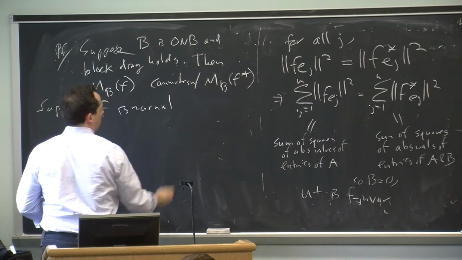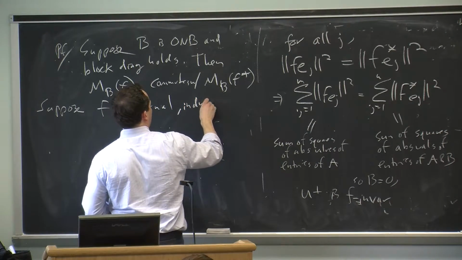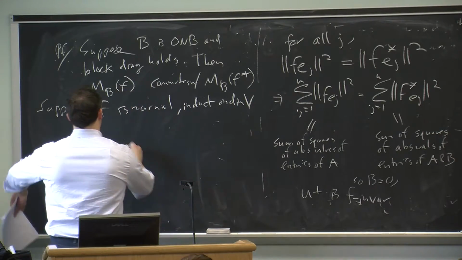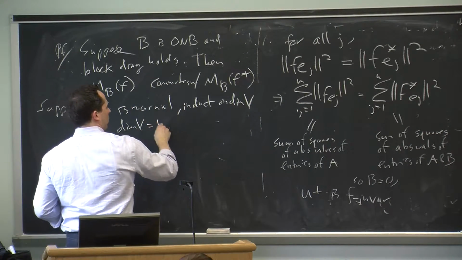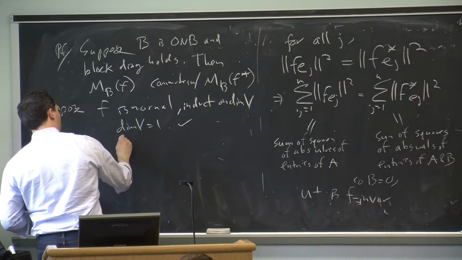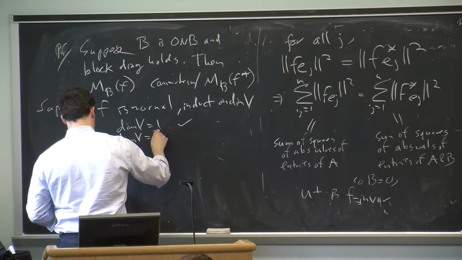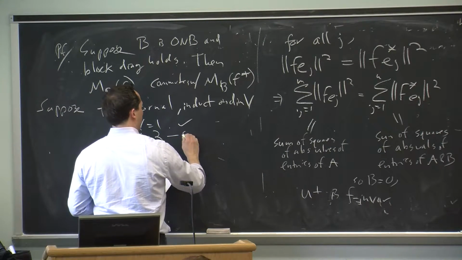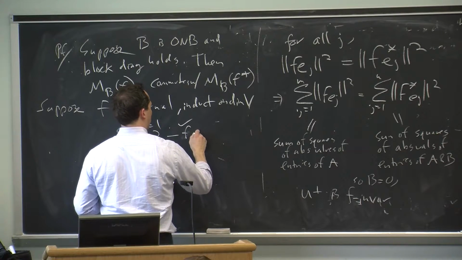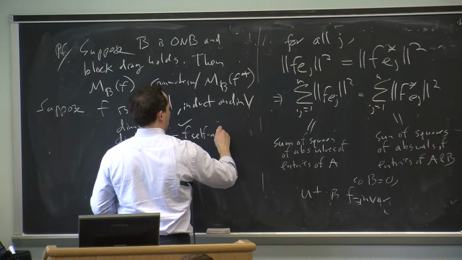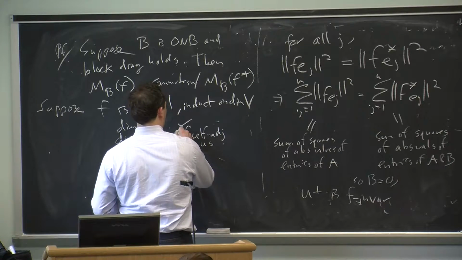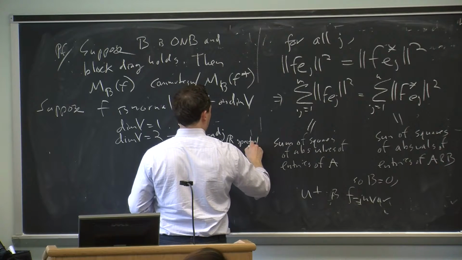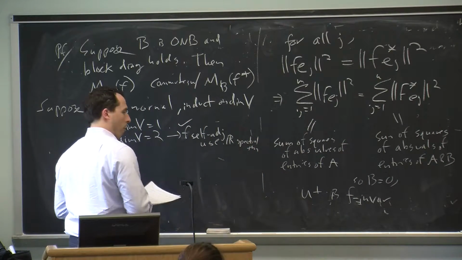The harder direction is to suppose first that F is normal, and we want to perform induction on the dimension of V. When the dimension of V is 1, that's immediate. When the dimension of V is 2, we have two cases. If F is self-adjoint, use the real spectral theorem to obtain an orthonormal basis.